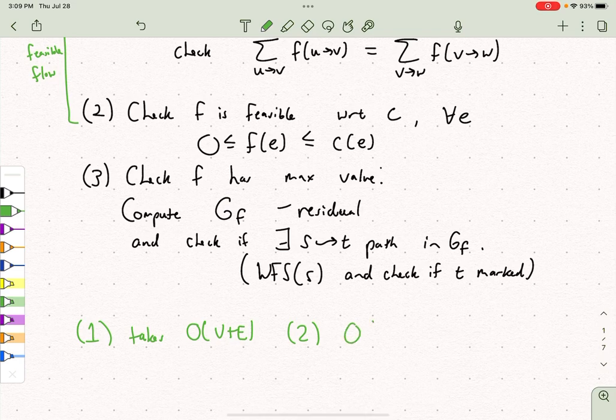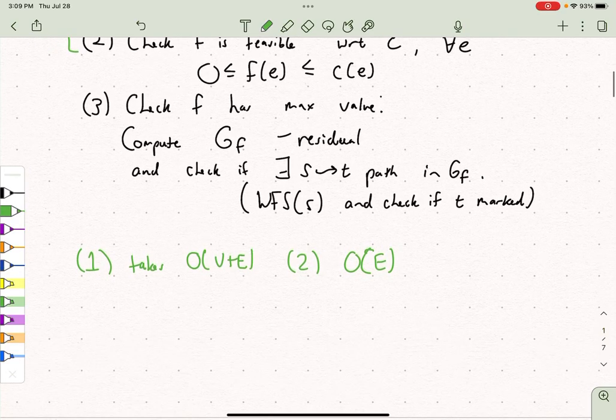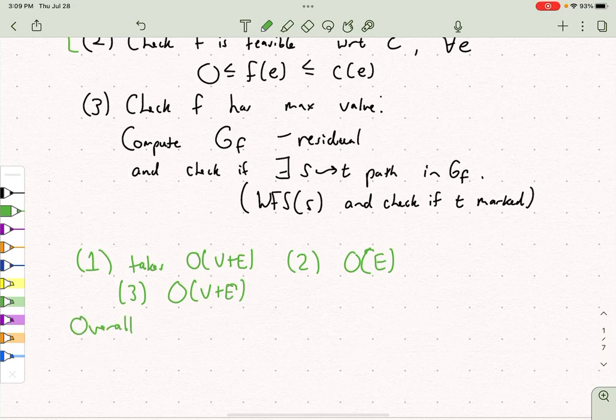That's straight up O of E, we just have to look at each edge. Again, with an adjacency list we also touch each node, but we don't really care. Finally, step 3 involves creating the residual graph, which takes O of V plus E, and then doing a search in it, which also takes O of V plus E. So overall, the algorithm is O of V plus E time, which is way, way faster than O of V times E.